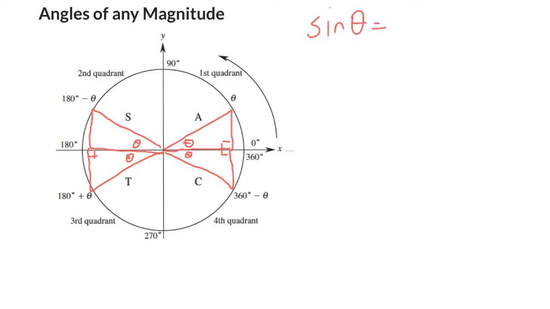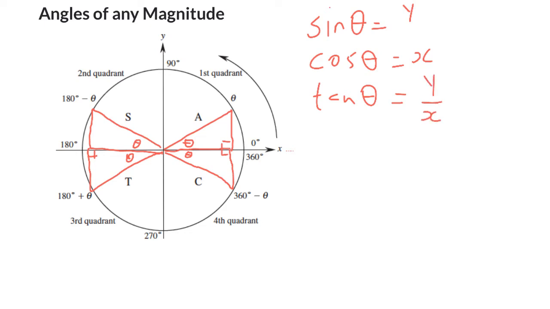Sine theta equals y over 1, being the unit of the unit circle. So sine theta equals y. In the same way, cosine theta equals x, the adjacent, over 1, and tan theta equals the opposite, y, over the adjacent x.